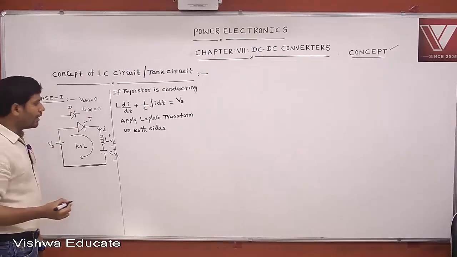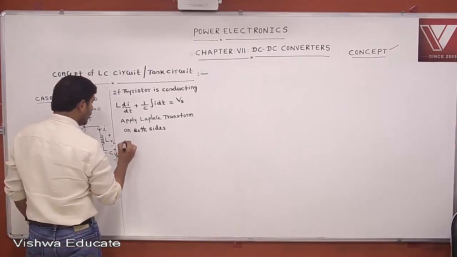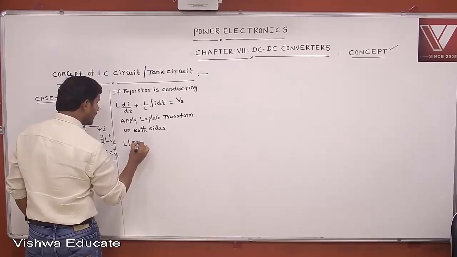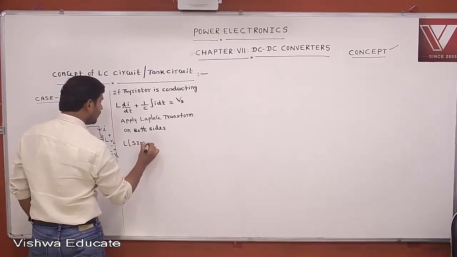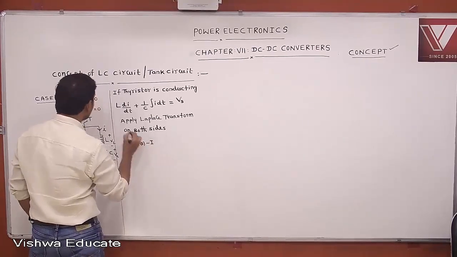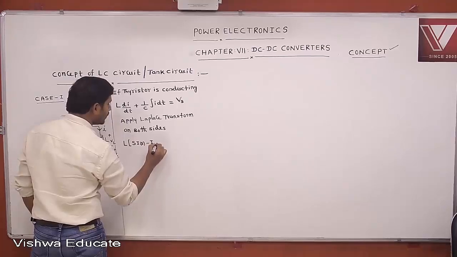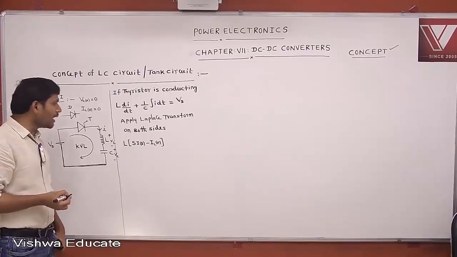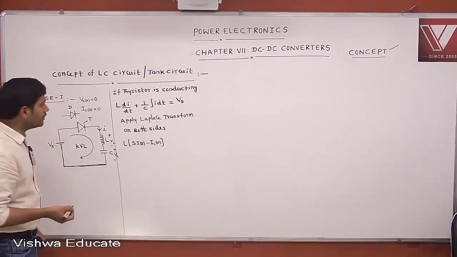Then what do you get? L into S into I of S minus IL of 0, the initial current in the inductor. With initial conditions I am applying the Laplace transform. How to write the Laplace transform, you know.